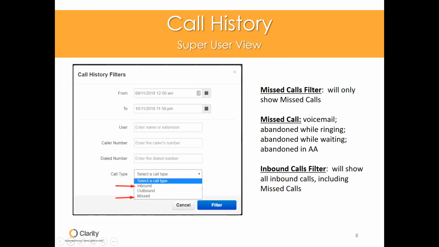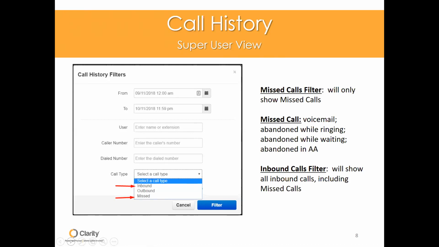If you filter by missed calls down here, it's literally only going to show the missed calls. If you filter by inbound, it's going to show you inbound calls plus missed calls, because a missed call is still inbound. So you can filter by inbound, outbound, or missed. All inbound, no matter what happened to the call, outbound, or just missed.